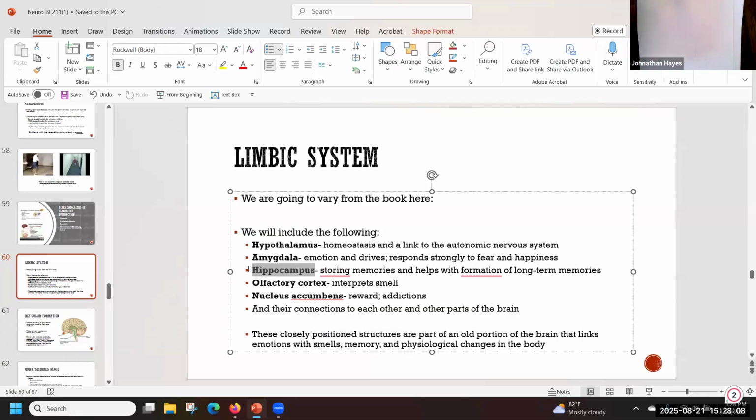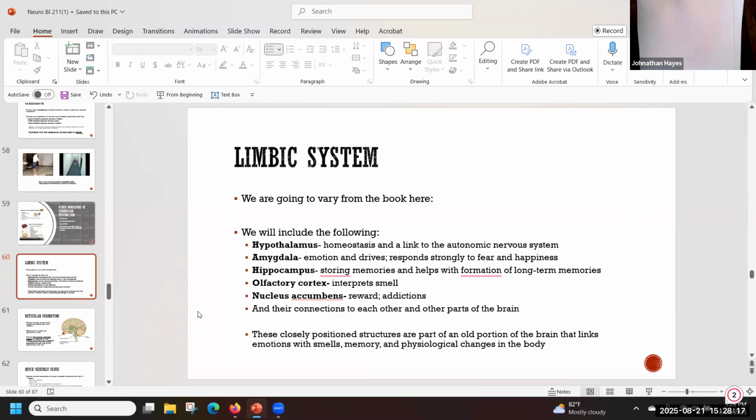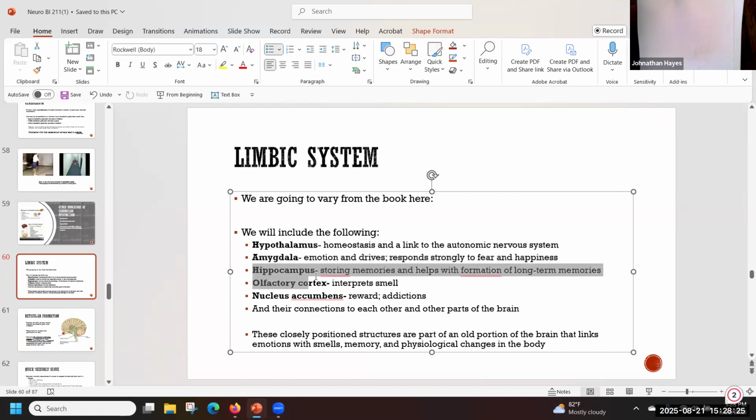Hippocampus is where we store long-term memories. And then the olfactory cortex is, again, where we process smell. And again, they're closely related to each other. They're closely organized right alongside with each other. So sometimes smell can remind you of something, and that can create a strong emotion, which will change the way your body reacts, right?